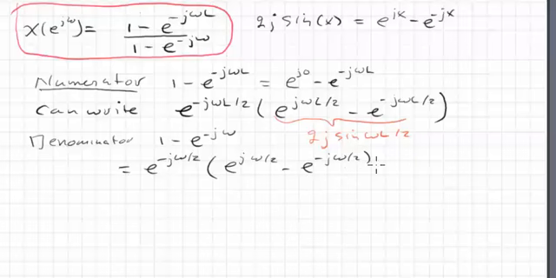And that's equal to, again, an Euler identity. Let me get my eraser out and fix that up a little bit. I had the parenthesis in the wrong place.